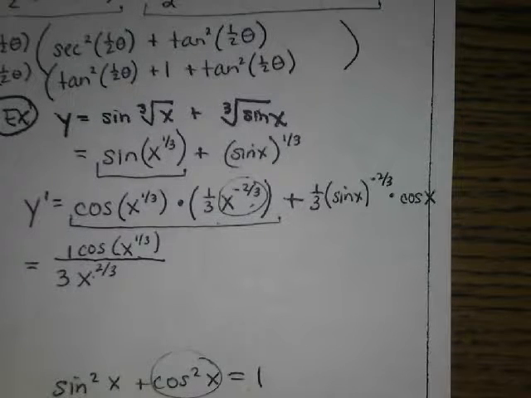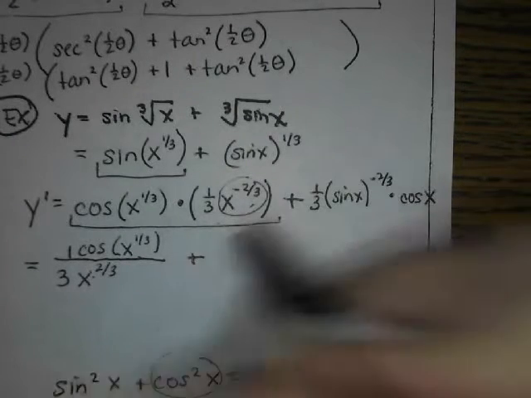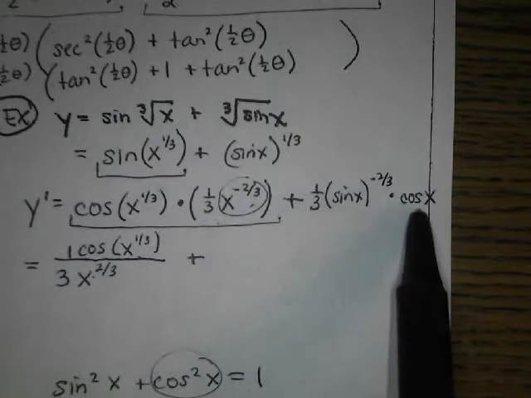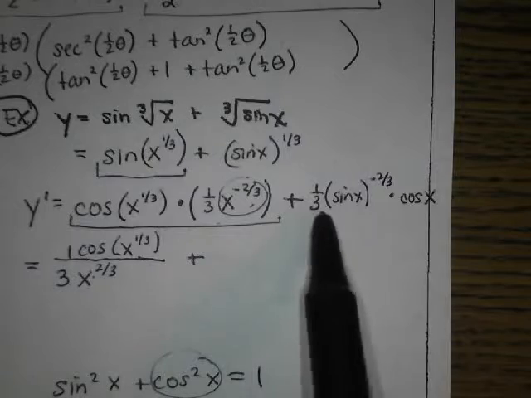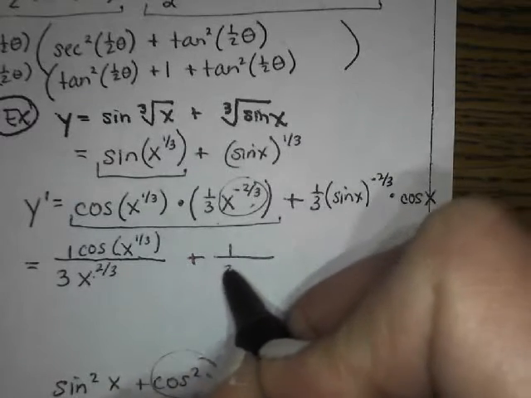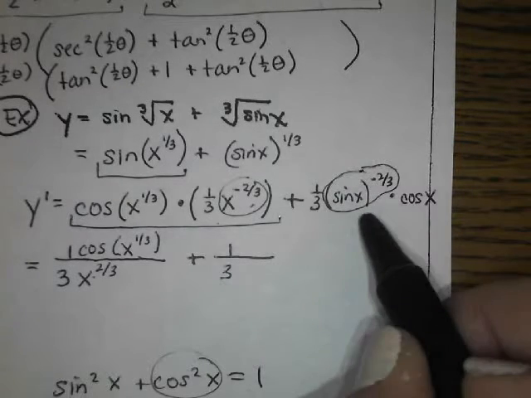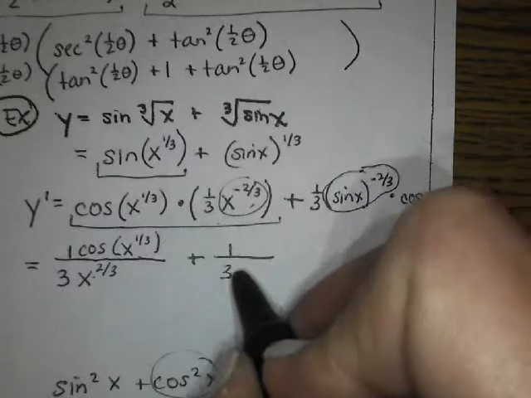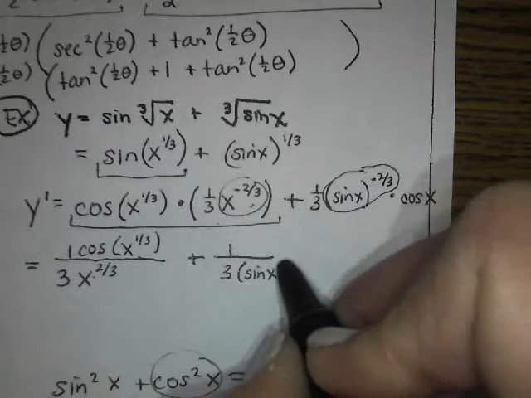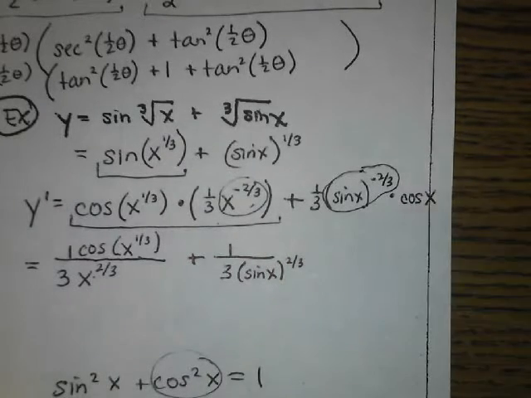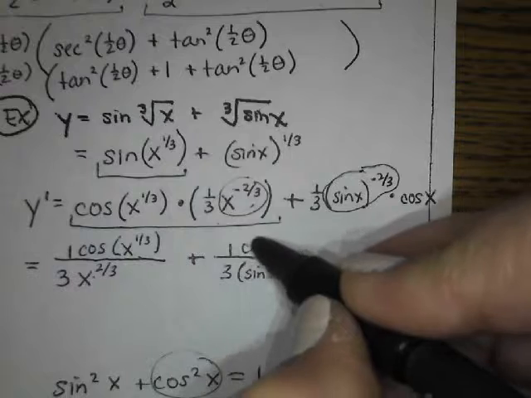Plus, on this one I also have a 1/3 coefficient. This with the negative exponent is going to move to the denominator, so sine x to the 2/3, and then the cosine x stays up top.